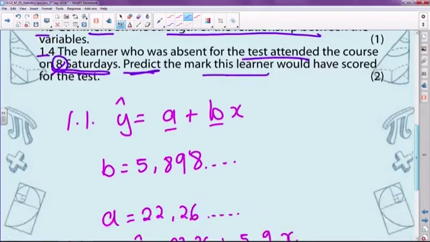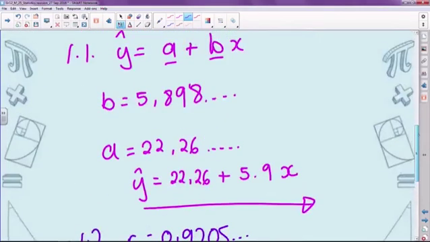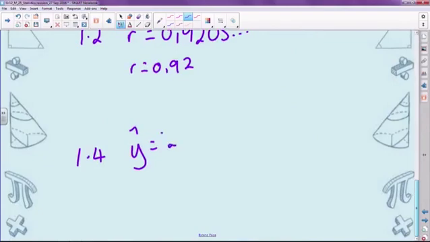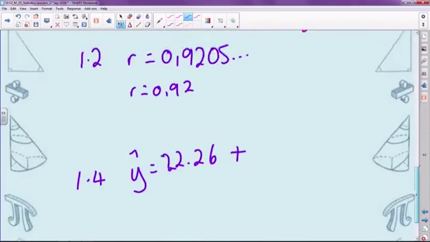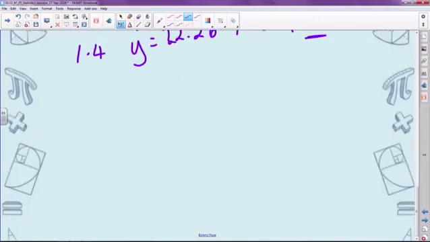So to predict the mark, all we do, this is 1.4, we've got our equation, which is y hat is equal to 22,26 plus 5,9 times x. I know that x, which is the number of Saturdays that this learner attended, was 8.